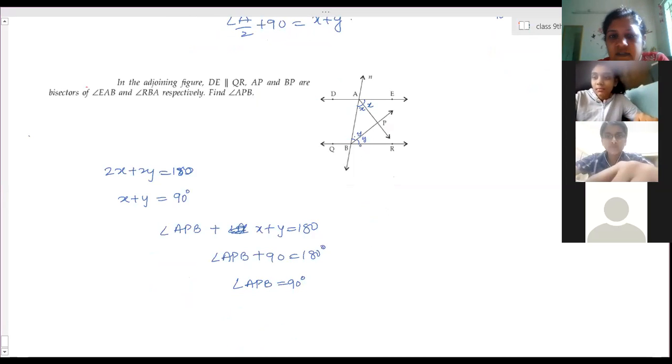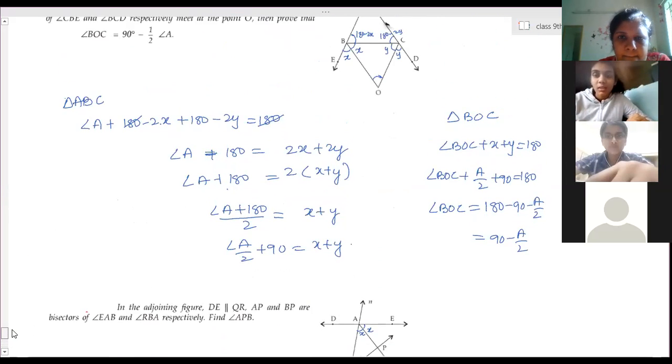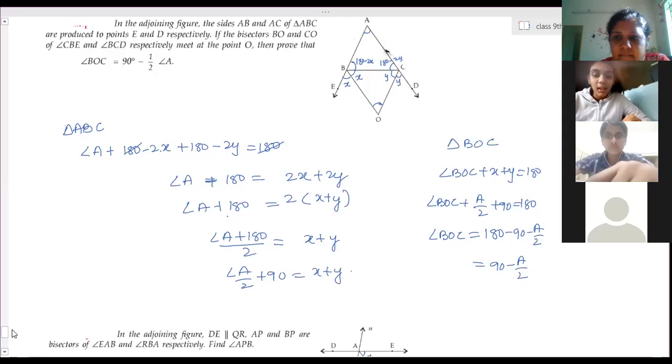Ma'am, in the previous question, in that adjacent figure, I took angle ABC as x, and then I did 180 minus x by 2. You can do that also. Ma'am, because in our class, Preeti ma'am told us normally not to consider x and x, y and y, as it becomes complicated and will be difficult for me to evaluate.